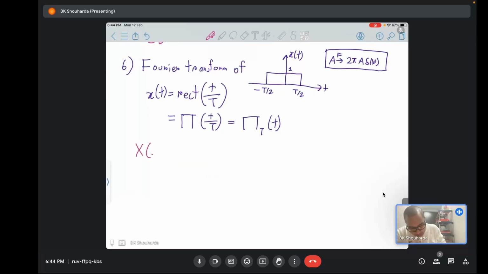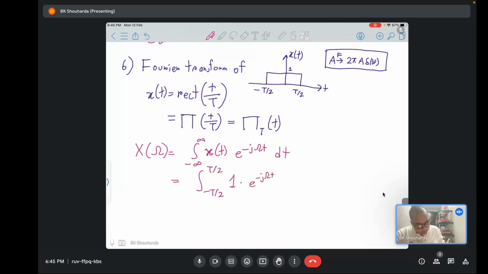So X of omega is the integral of the signal times the exponential. Our signal ranges from minus T upon 2 to T upon 2 and assumes a constant value of 1. We have our exponential here.